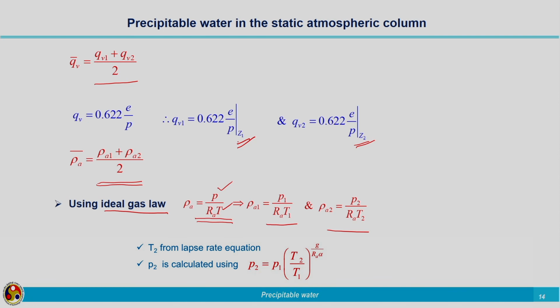So, that relationship of P2 with P1 and temperatures T1 and T2 will be used for calculating P2. These values are calculated for each strip, and the corresponding delta MP will be calculated for each and every strip, and finally we will add up all these delta MP to get the total precipitable water.